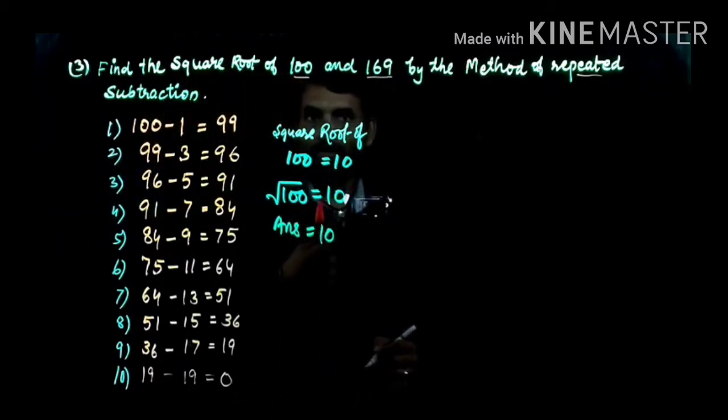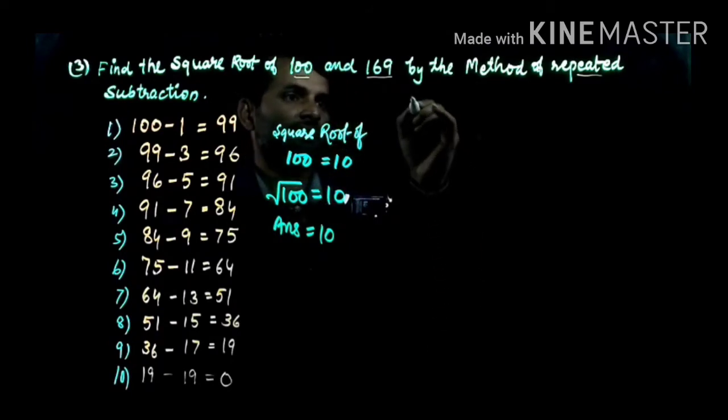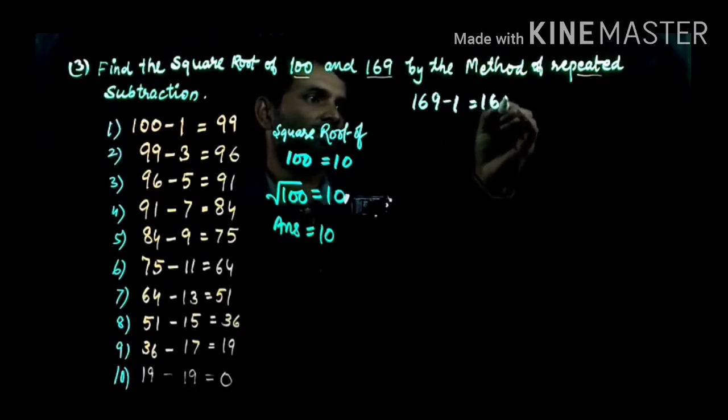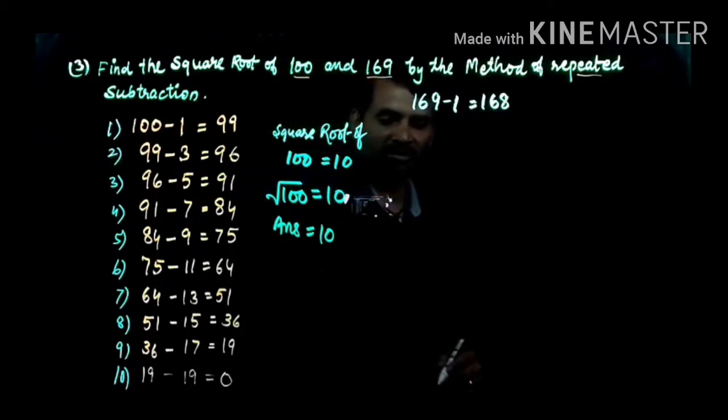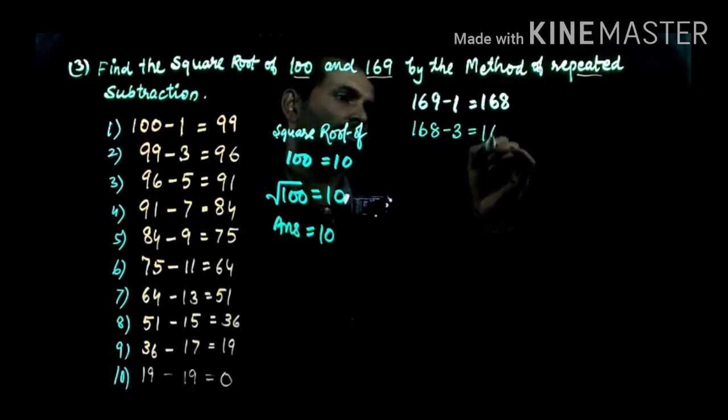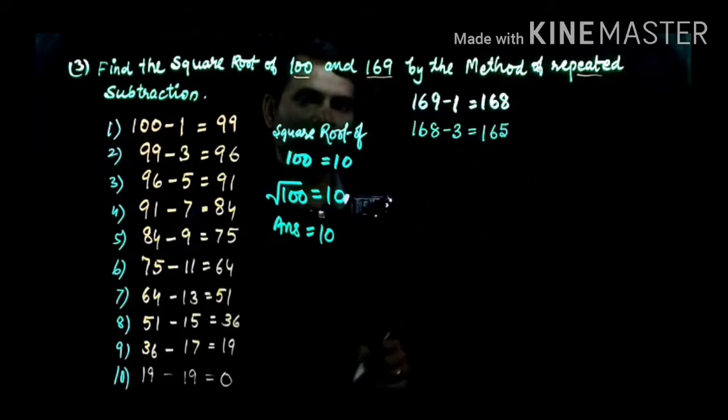Okay. Now 169. Next is 169. Repeat the number, 169 minus 1 is equal to 168. Then we repeat, 168 minus 3 is equal to 165.